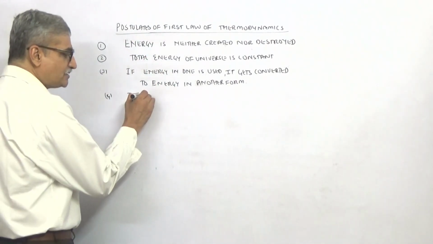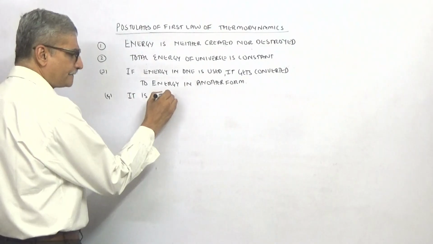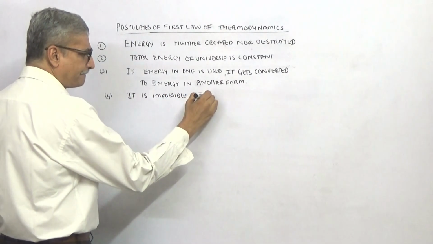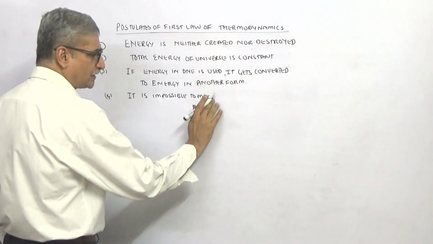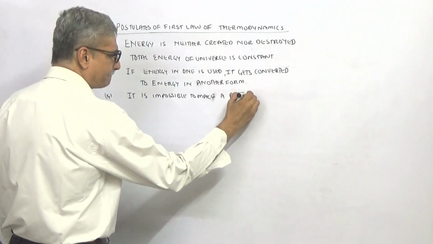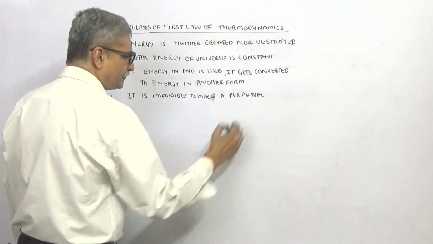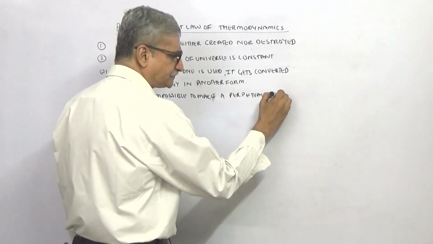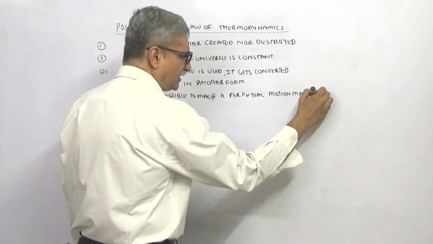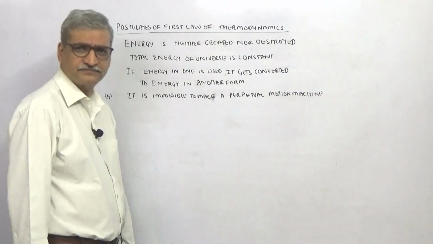So it is impossible to make a perpetual motion machine.